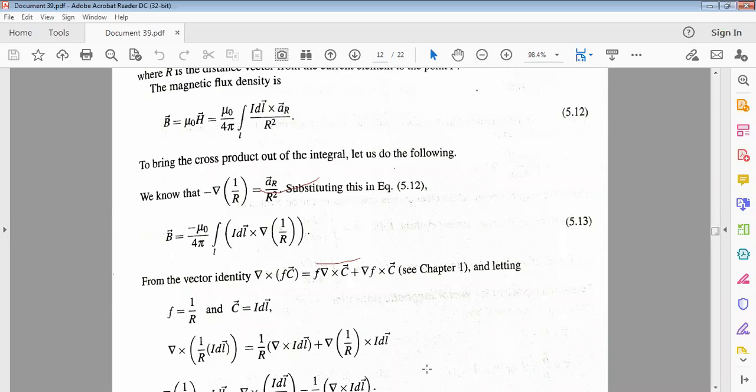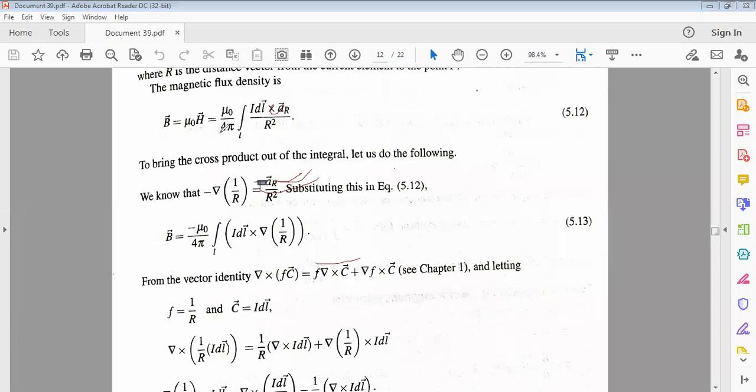In Cartesian coordinates it is dou by dou x, dou by dou y, dou by dou z acting on that value. So minus del of 1 by r simply gives minus of minus 1 by r square, the minus and minus cancel, giving plus 1 by r square into the vector aR.